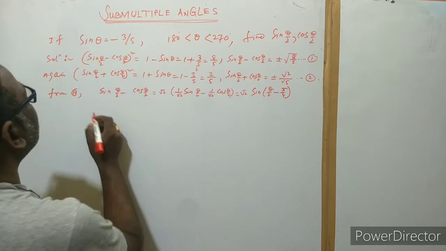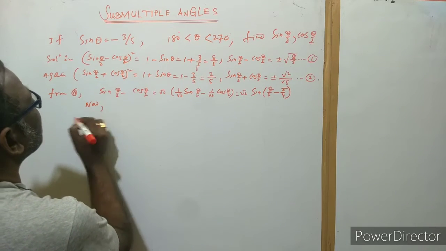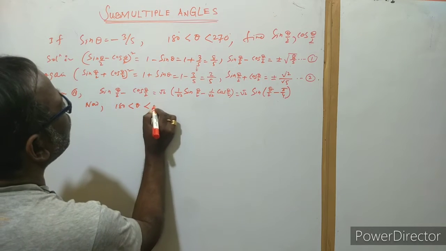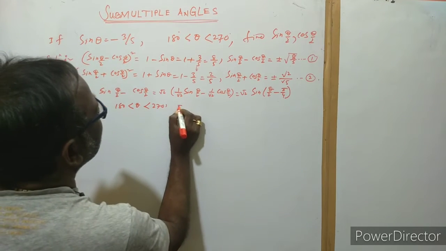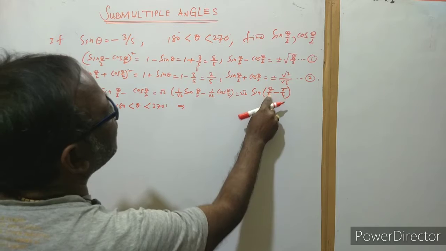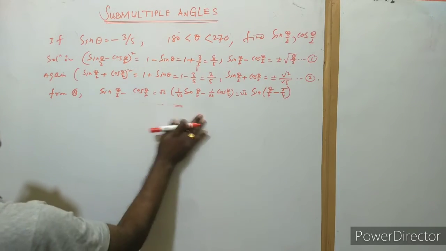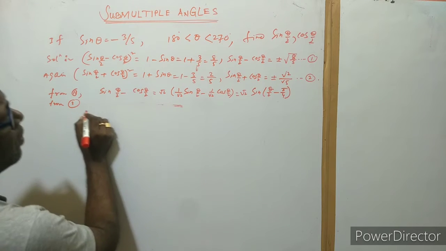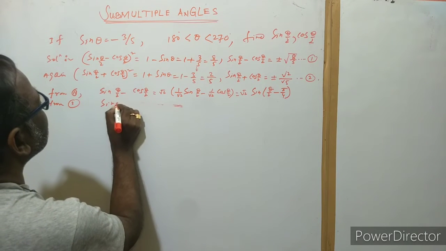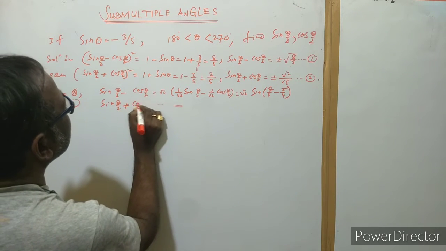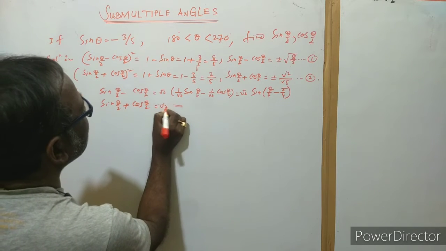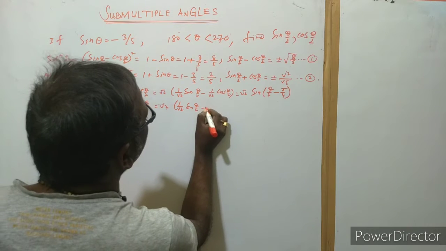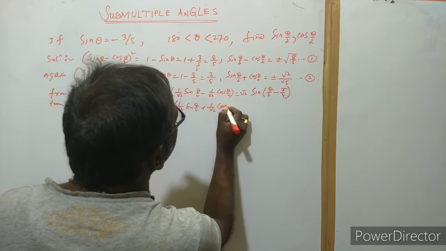And now see, theta lies between 180 and 270. Now for theta by 2, each and every value of that is here. From 2, we can write sine theta by 2 plus cos theta by 2, which is root 2 times 1 by root 2 sine theta by 2 plus 1 by root 2 cos theta by 2.